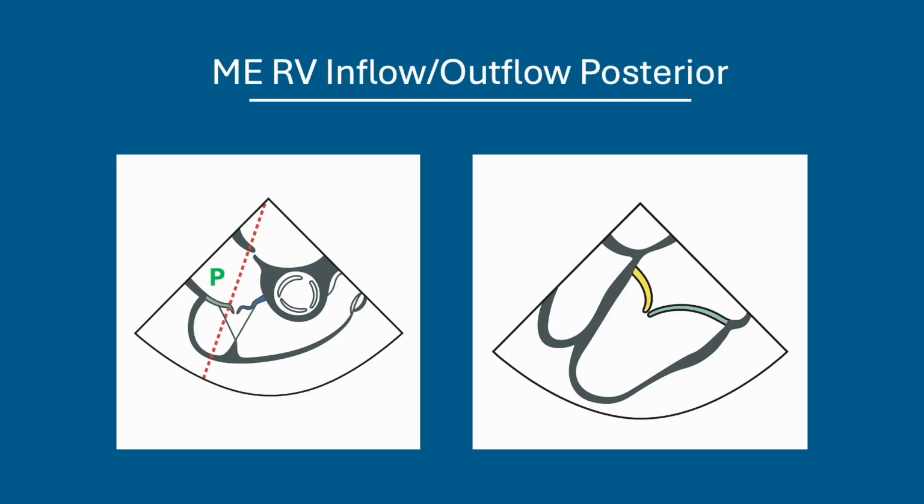Here you can see the posterior leaflet on the RV inflow-outflow view of the tricuspid valve and its corresponding leaflet in the orthogonal view on the right-hand side of the screen. This view is helpful again to understand the coaptation zone between the posterior and septal leaflets of the tricuspid valve, as well as understanding the relationship to each other, namely whether they are flail or prolapsing relative to one another.